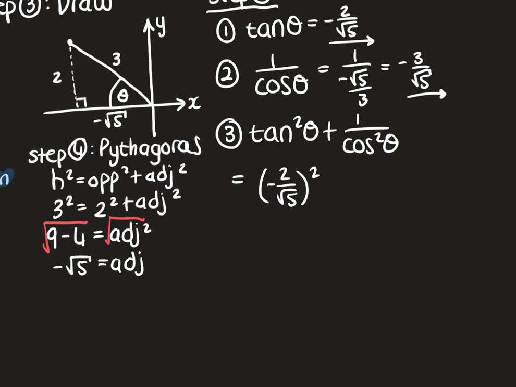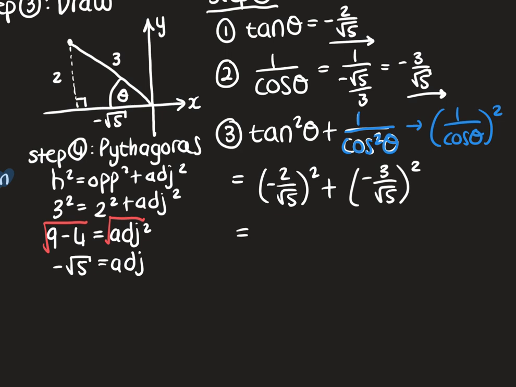Plus 1 over cos squared, which is actually the above question, isn't it? 1 over cos is minus 3 over root 5. So 1 over cos squared, let me just show you guys what I mean here. That is the same as 1 over cos theta squared. So I can actually change that. I can say that it's going to be minus 3 over root 5 squared.